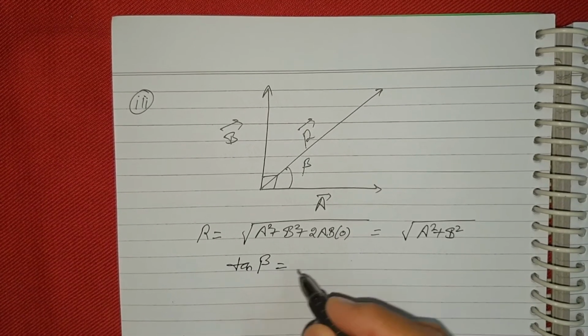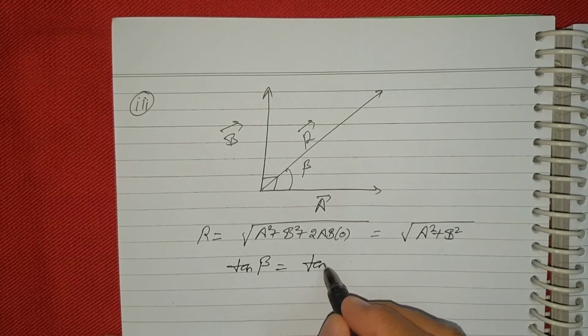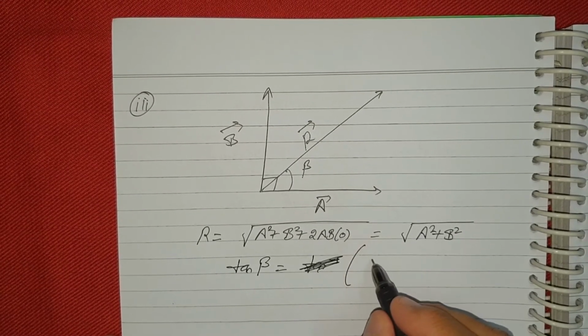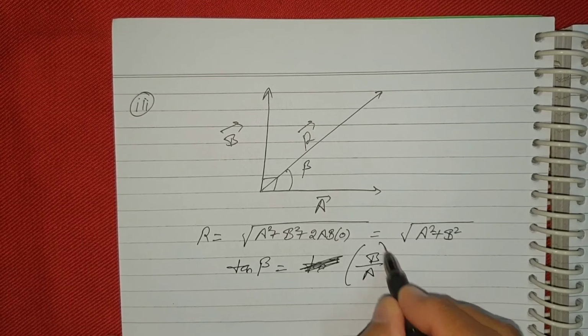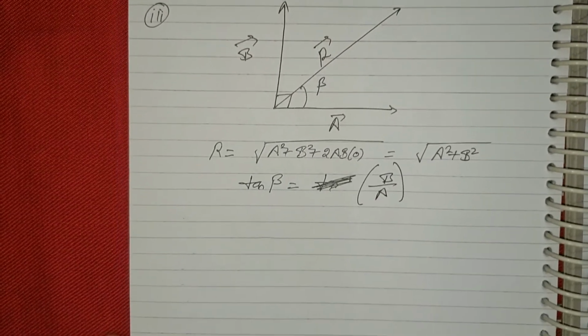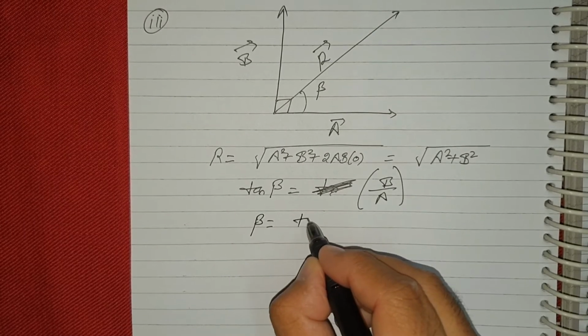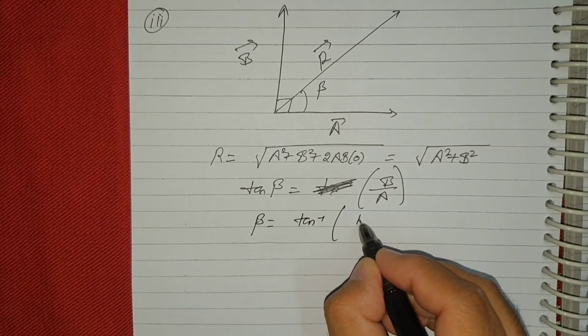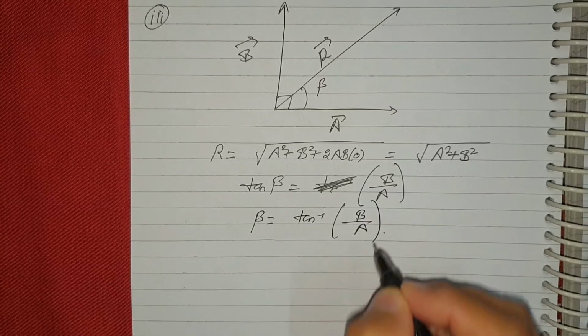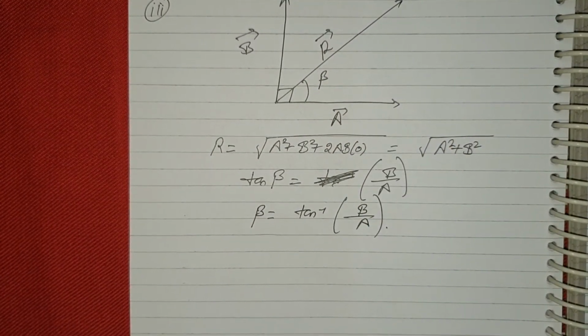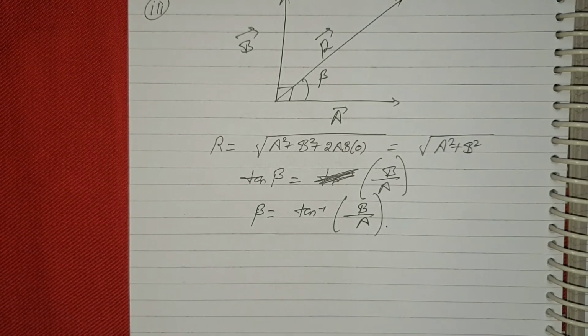Tan beta will be B by A actually. So beta is tan inverse of B by A. So this is the case when they are acting 90 degree to each other.